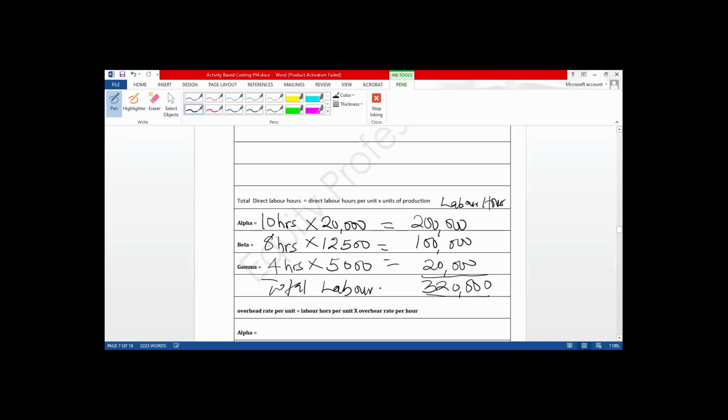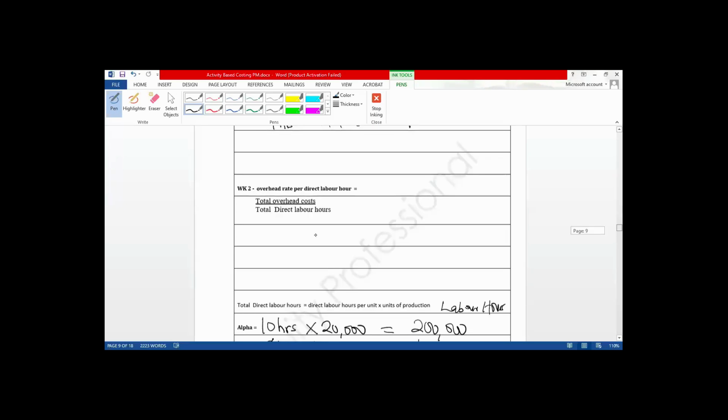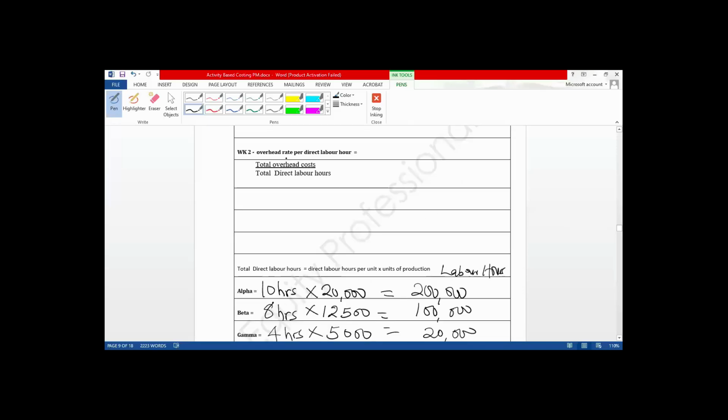This is the total labor hours required for production. That is how the examiner derived the 320,000 hours. You can now go back and calculate overhead rate per direct labor hour.